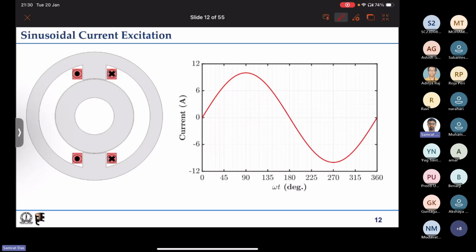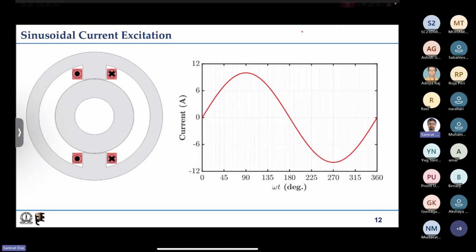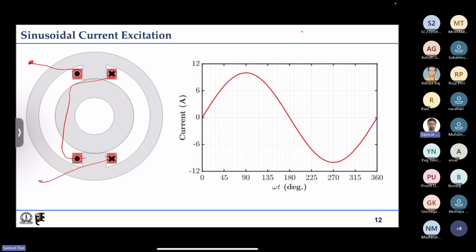Instead of a constant DC, in this case it is an AC current, a sinusoidal current that we are injecting into the coil. Both the coils are connected in series, so here is one terminal, the other terminal goes like this. This is the current that we are injecting, and it looks like this in time.